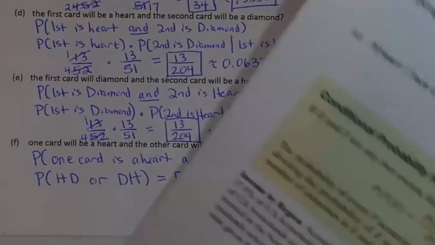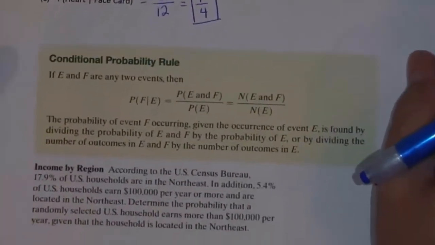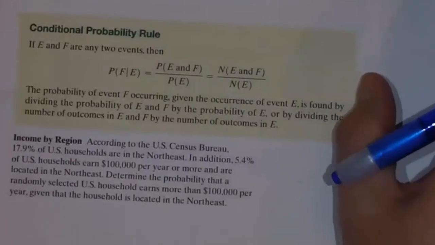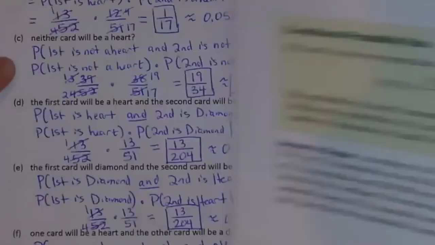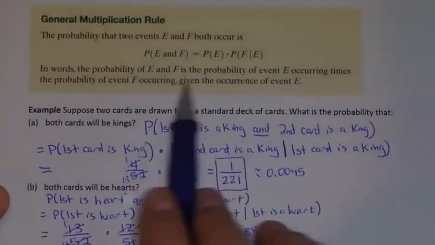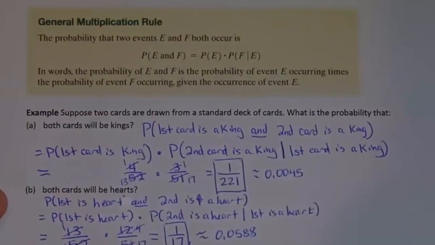Now I want to back up and talk about this conditional probability rule. I think it makes sense to talk about the conditional probability rule after having talked about the general multiplication rule.